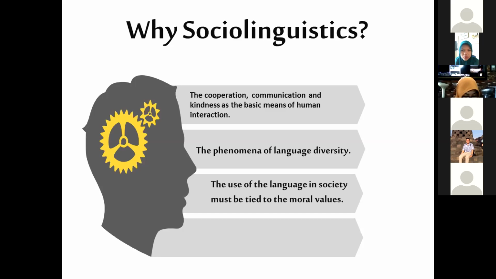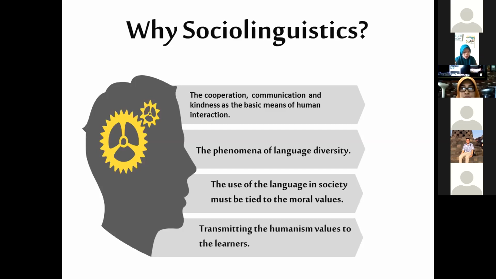The next is, in sociolinguistics, students learn about how language is used in society. So we must know the use of language in society must be tied to the moral values. We know that the case of hoax is caused since the use of language is not tied to the moral values.